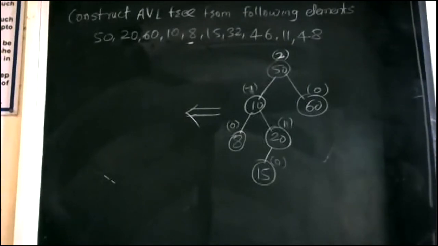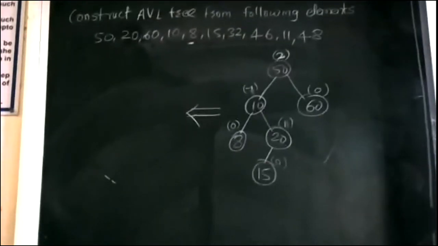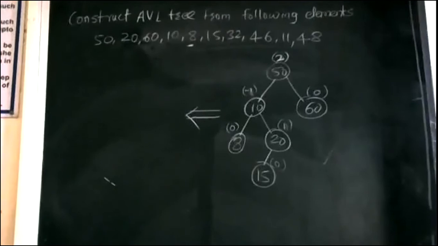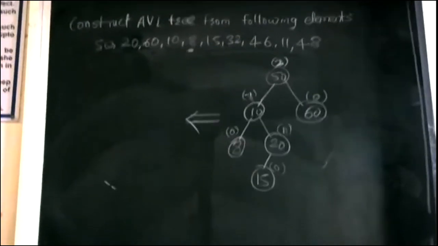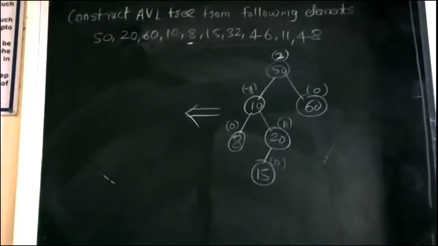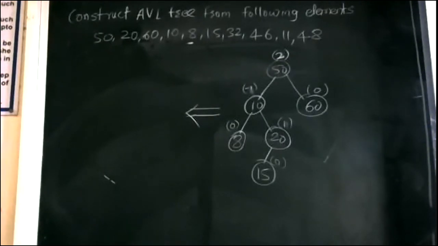Now here I have inserted 50, so the tree is unbalanced. Now how to convert this tree into the balanced tree? कोणतं ऑपरेशन परफॉर्म करावं लागेल? लेफ्ट रोटेशन, राइट रोटेशन, right left rotation. Okay, where to perform and how to perform?